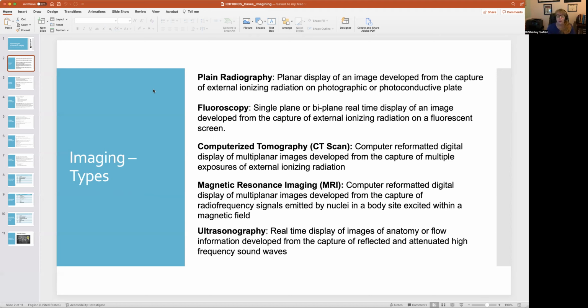But you do have to know that plain radiography is the same thing as an X-ray, because generally speaking, the documentation will say X-ray. It's important that you understand the full scope of what is going on. These are terms with which you need to become familiar. Almost everybody is familiar with plain radiography, also known as X-ray.